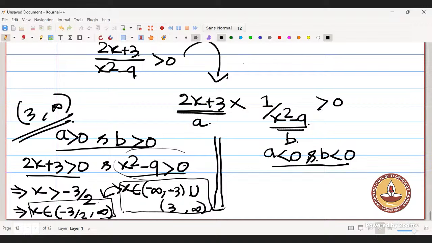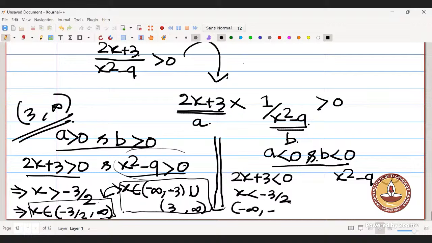Okay, so the next part is this one: 2x plus 3 is less than 0 and x square minus 9 is less than 0, right? The first is less than 0 when x is less than -3/2, so minus infinity to -3/2.